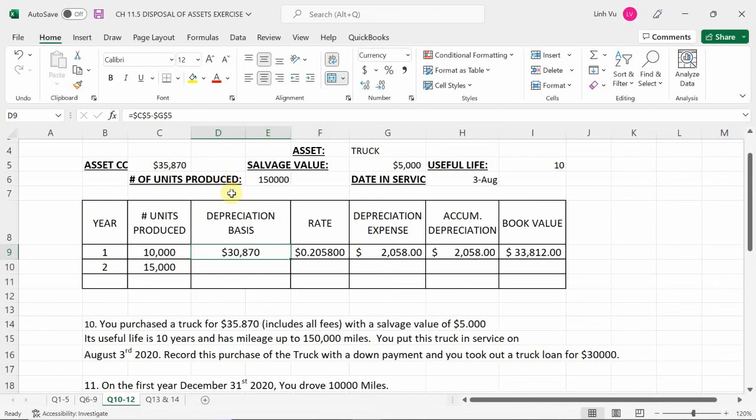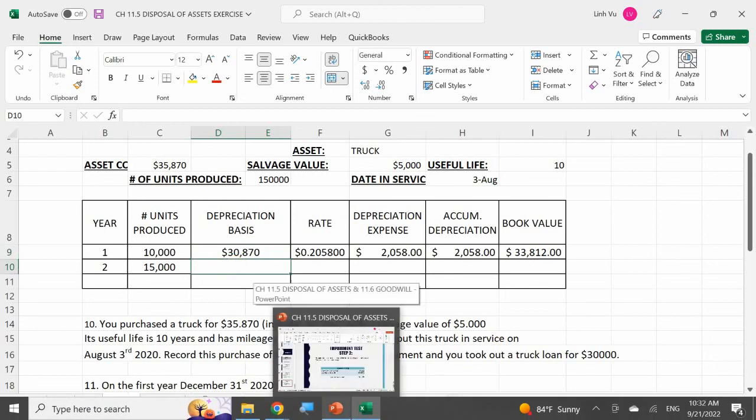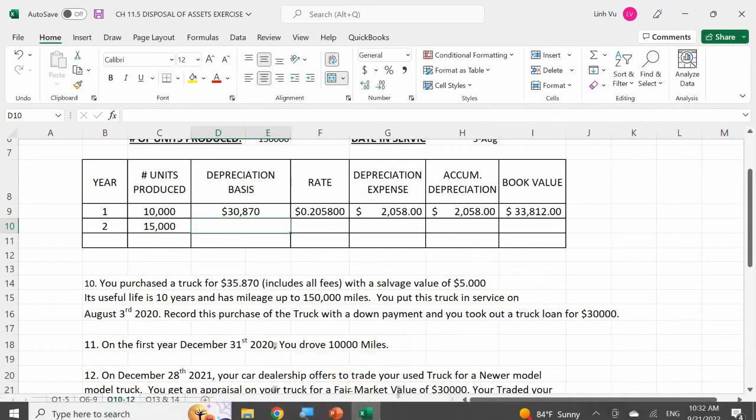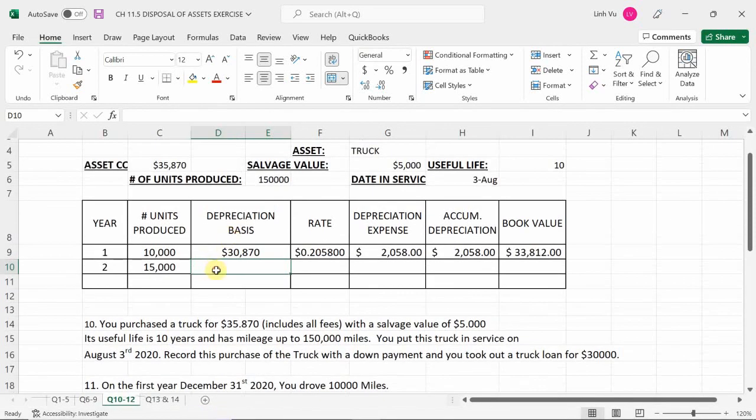How do I solve for my depreciation basis? Okay, is it 20,870?